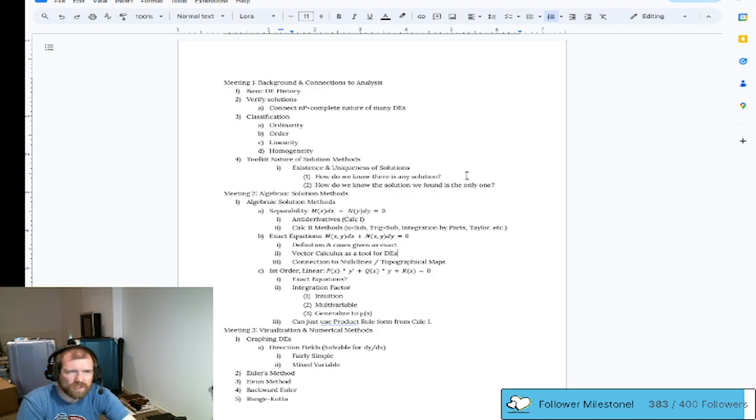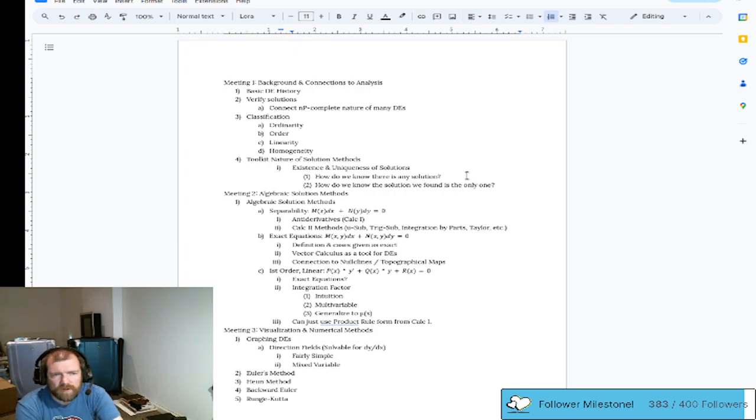That's essentially what we're doing. Not 100%, but pretty much. Alright, so we're using vector calculus in order to figure out what the solutions are for this.